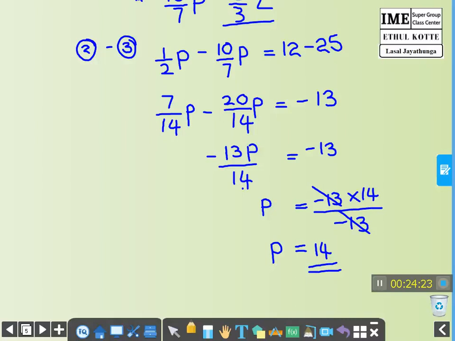Right. Now to obtain Q, we'll substitute P equals 14 into the equation.